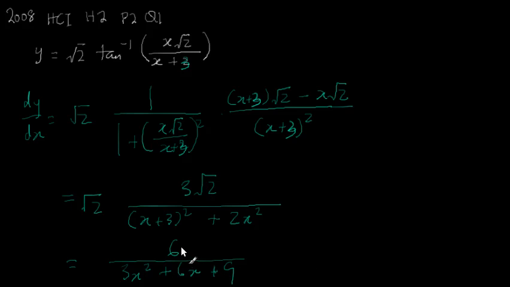So if I then divide the top and bottom by 3, I get 2 over x squared plus 2x plus 3.